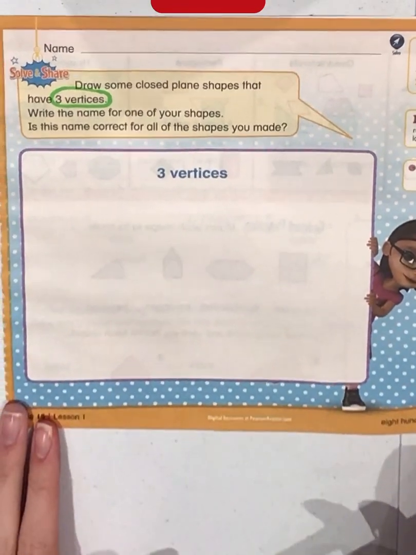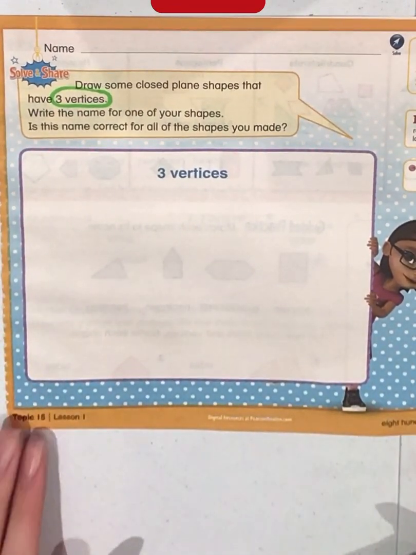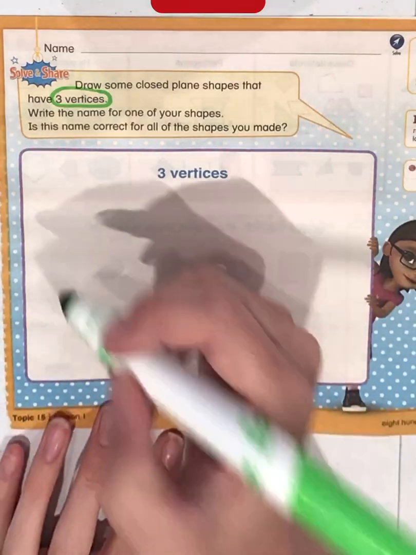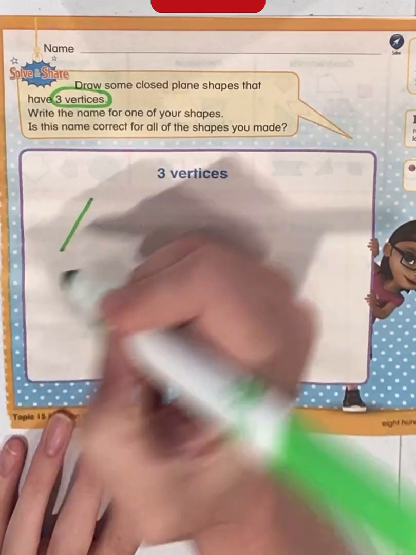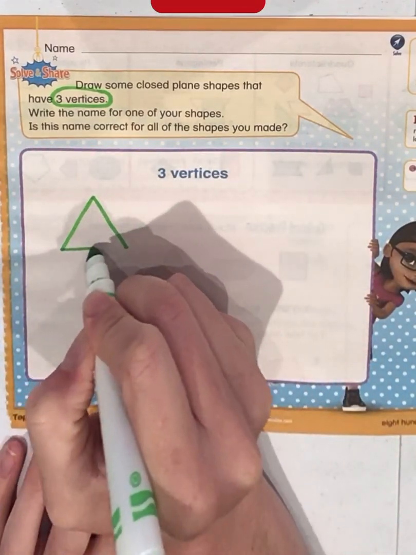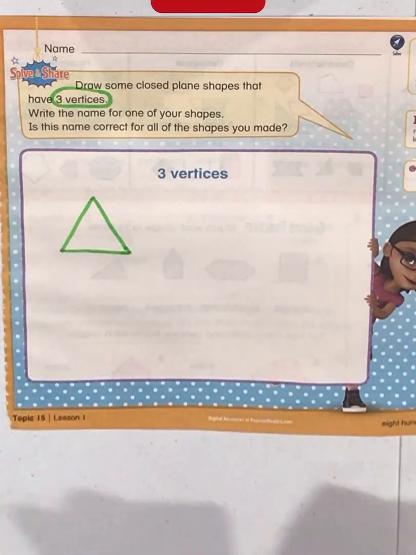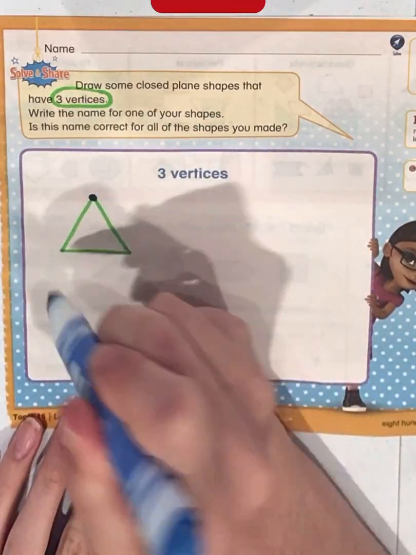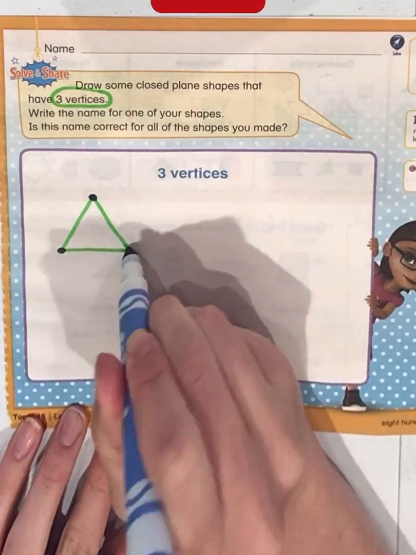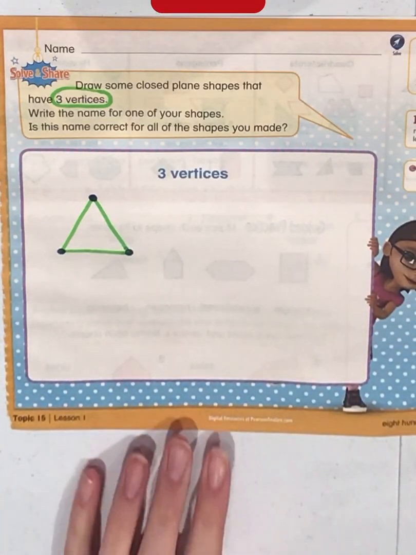So we need to think of a shape that has 3 vertices, which means 3 corners, okay? So I'm going to draw what I think of when I think of a shape that has 3 vertices. So I'm going to switch colors here, and I'm going to put a dot where the vertices would be. These blue dots are the vertices, or corners, and there are 3 of them, okay?